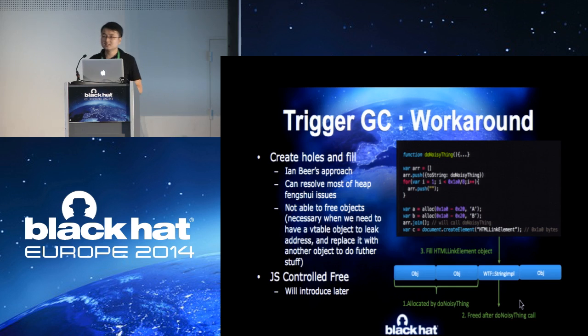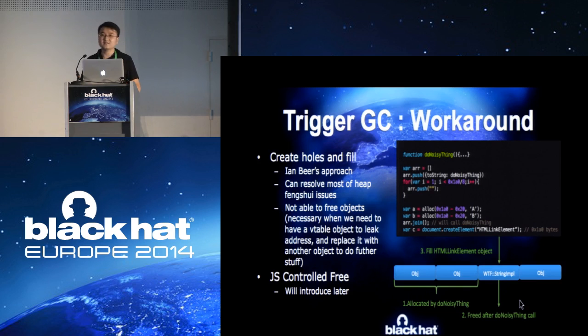And recently, Ian Beer, in his Project Zero blog, published a way to do heap layouting without GC. He reserved memory and then did what he wanted to do, and he can free that buffer and then put the reliable object into that hole, which is very good and can be used to resolve most of the heap functional issues.